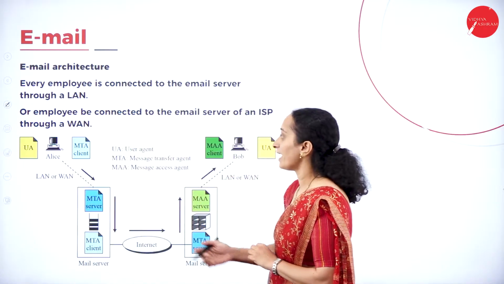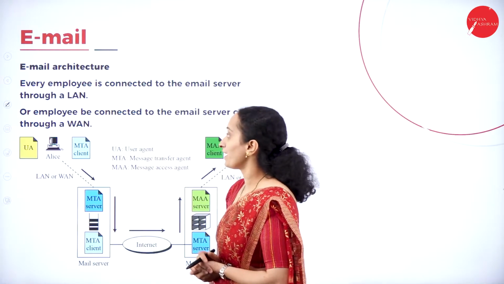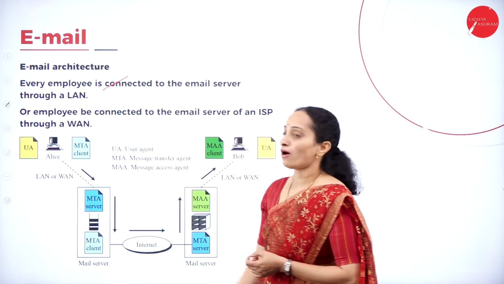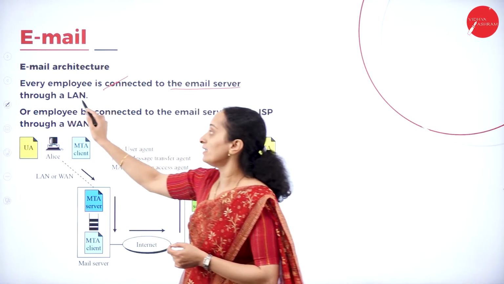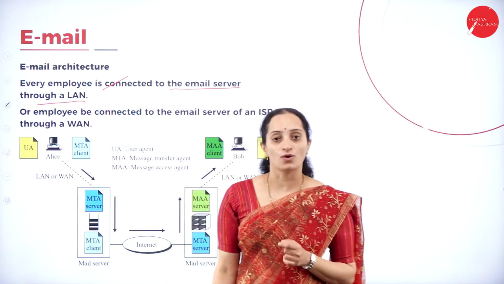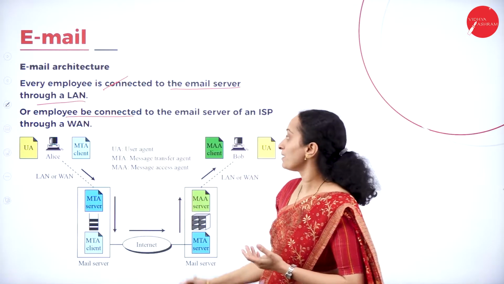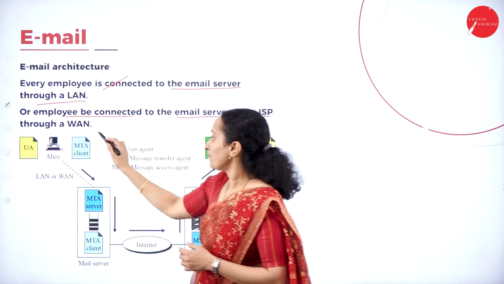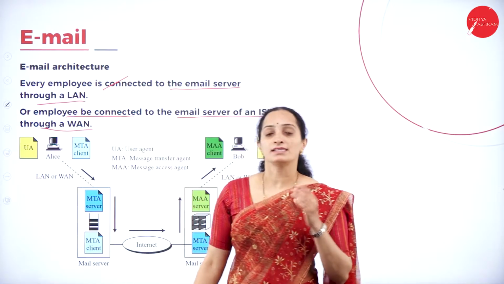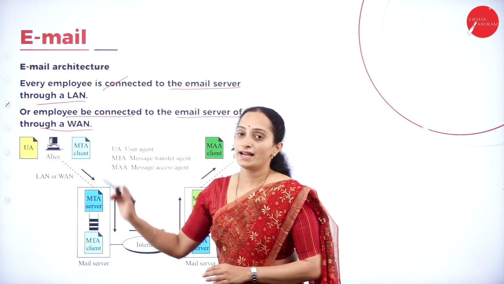Here we have a diagrammatic representation of the architecture of an email. Every employee in an email system is connected to the email server through a LAN or local area network, or the employee may be connected to the email server of an ISP through a WAN, that is, a wide area network.